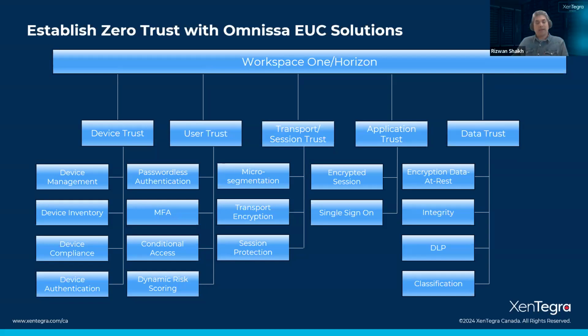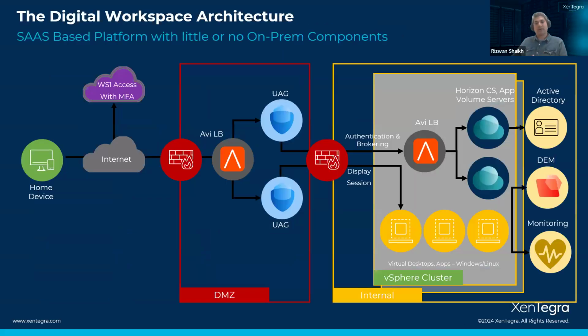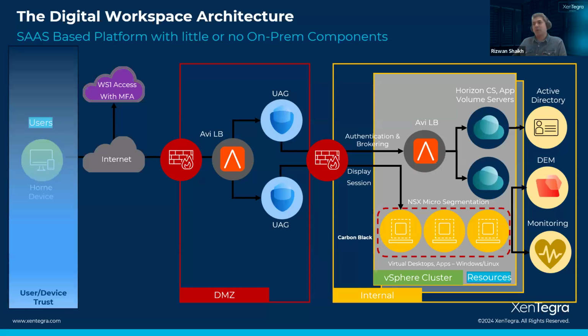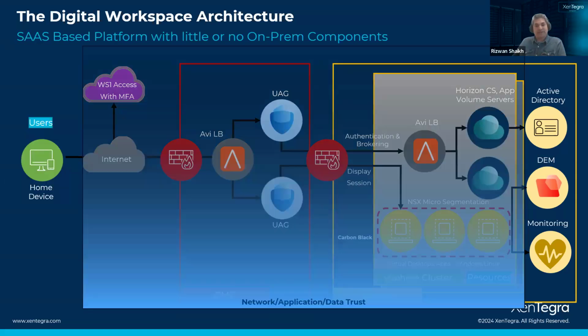So if I have to define the architecture and segregate it in terms of how user trust is obtained, or device trust, or network trust, this is how it would look. You have the user's device, which has been enrolled with the Workspace One platform, in conjunction with Workspace One Access. And we define the network and the application data trust on the complete infrastructure.